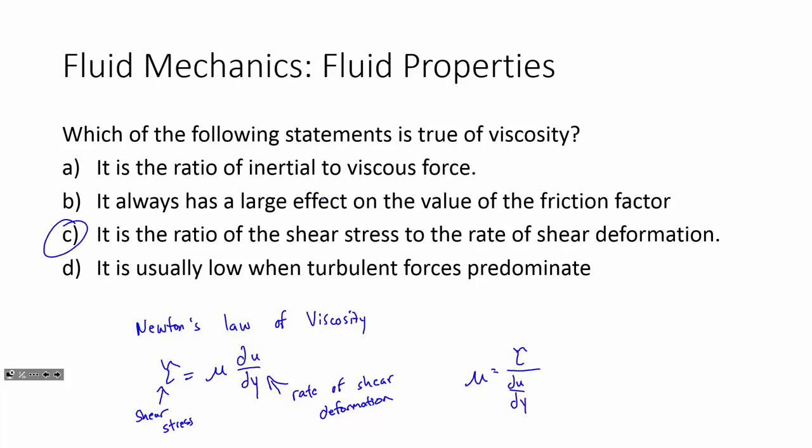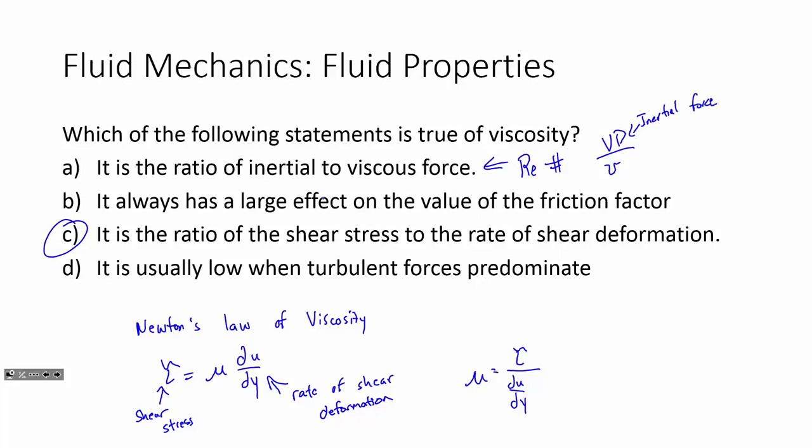So A, the ratio of inertial to viscous forces. Anybody know what that is, or what that's going to be? This is actually Reynolds number. Okay? So VD over the kinematic viscosity. So your VD there, that's going to be your inertial forces.